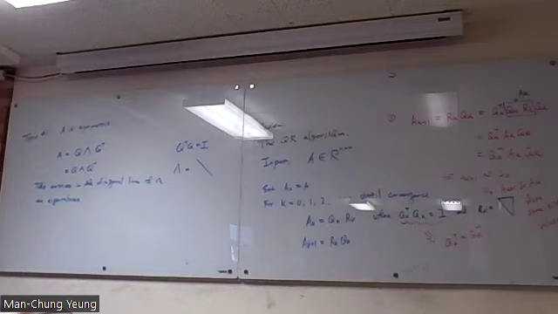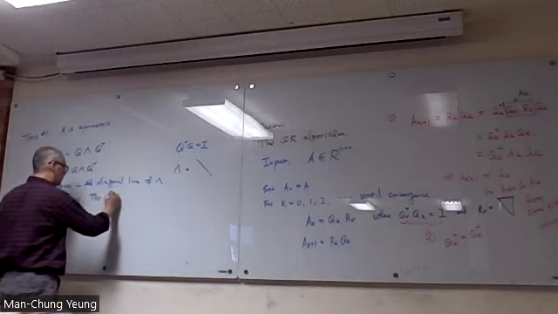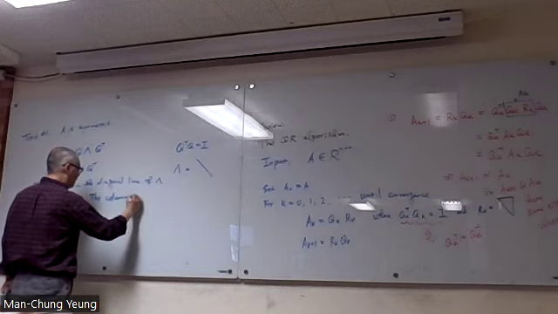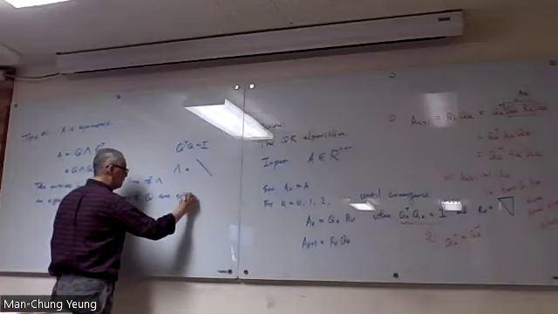How about Q? The columns of Q are eigenvectors.